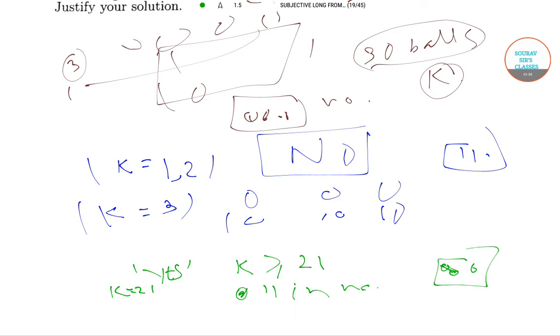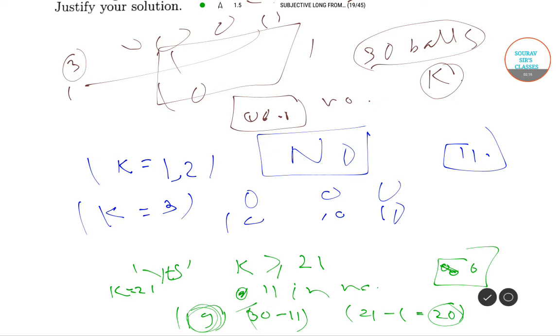Then the remaining number of balls is 19, that is 30 minus 11, and the number of remaining types is 21 minus 1, which is 20. Now 19 balls cannot be of 20 colors.